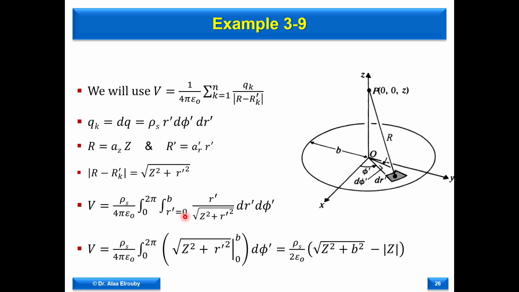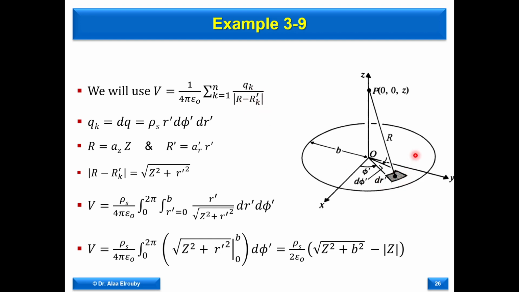We choose to solve this problem with V first, then apply the negative gradient of V. So V equals 1 over 4 pi epsilon naught, then the summation over the available point charges of the point charge divided by the distance from the point charge to the observation point.